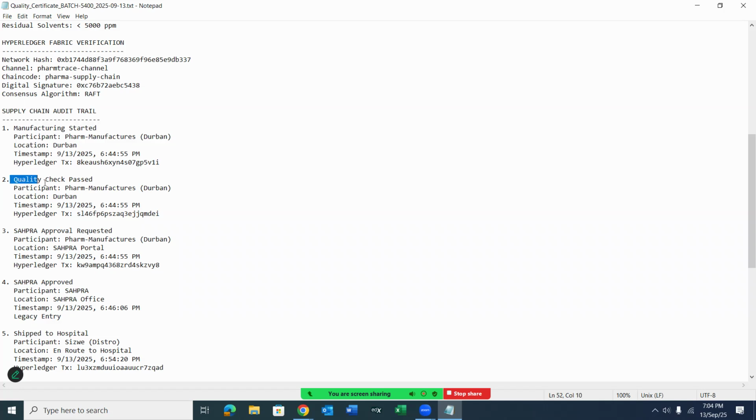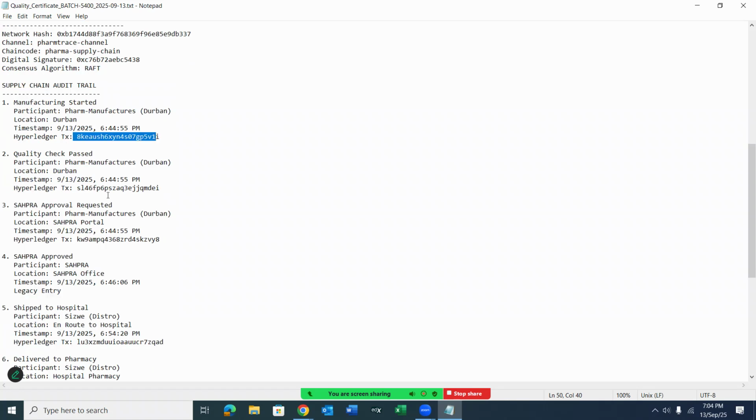Then it went to step number 2 for quality check. After it has passed the quality check, the Hyperledger produced the hash information for that information. So meaning that information on the blockchain is just represented by this number. So meaning that this number is also linked to the previous hash of this manufacturer, which started the process.